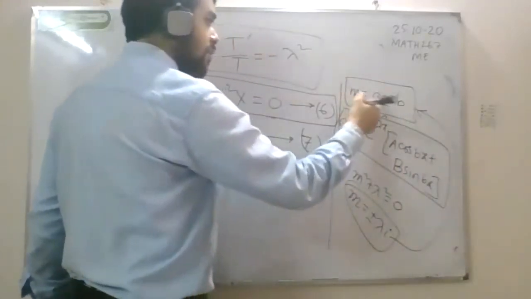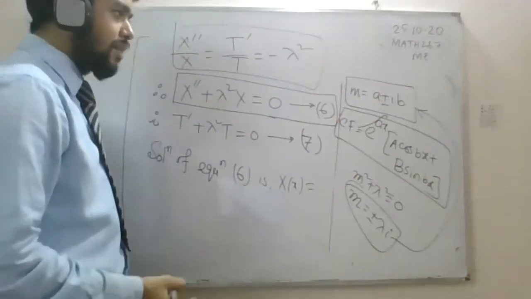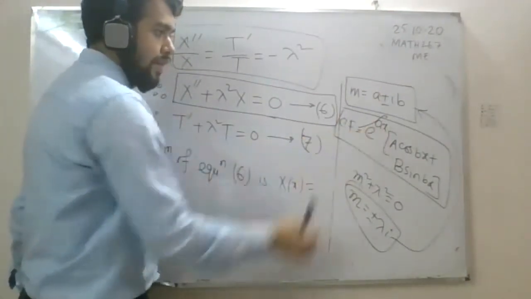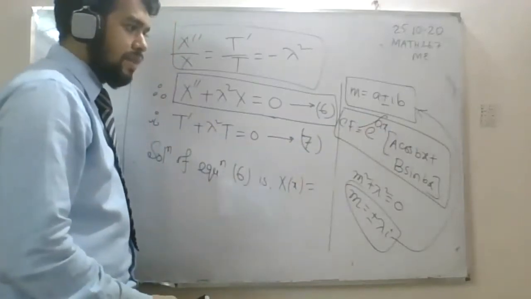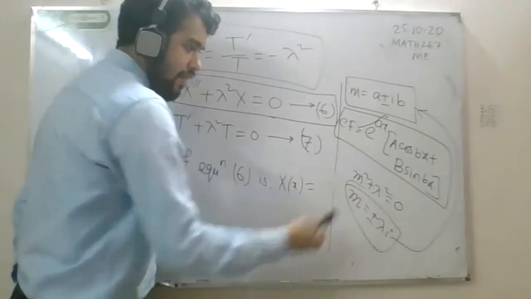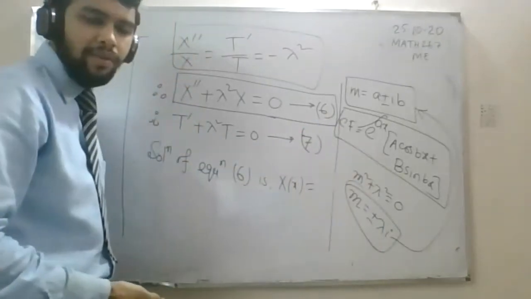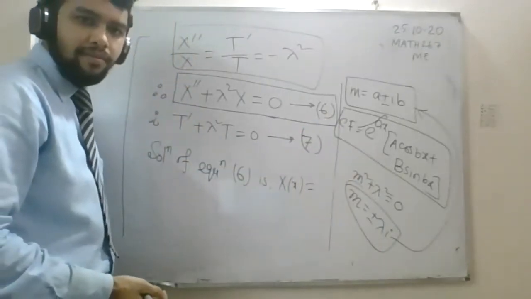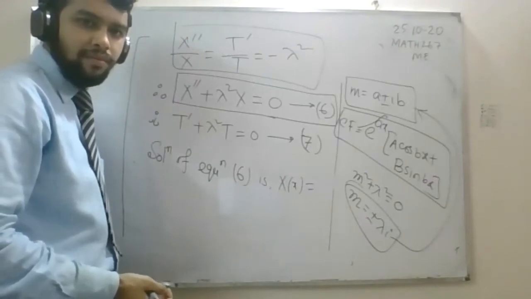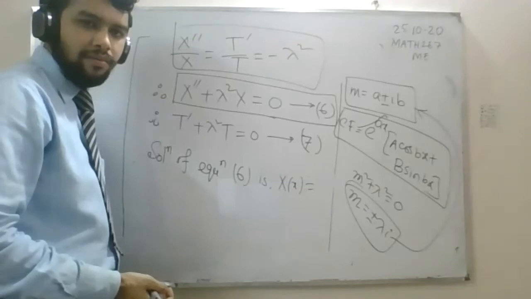Where if m equals a plus ib, the complementary function equals e to the power ax, a cos bx plus b sin bx. So if m equals plus minus lambda i, what will be our complementary function? Anyone?